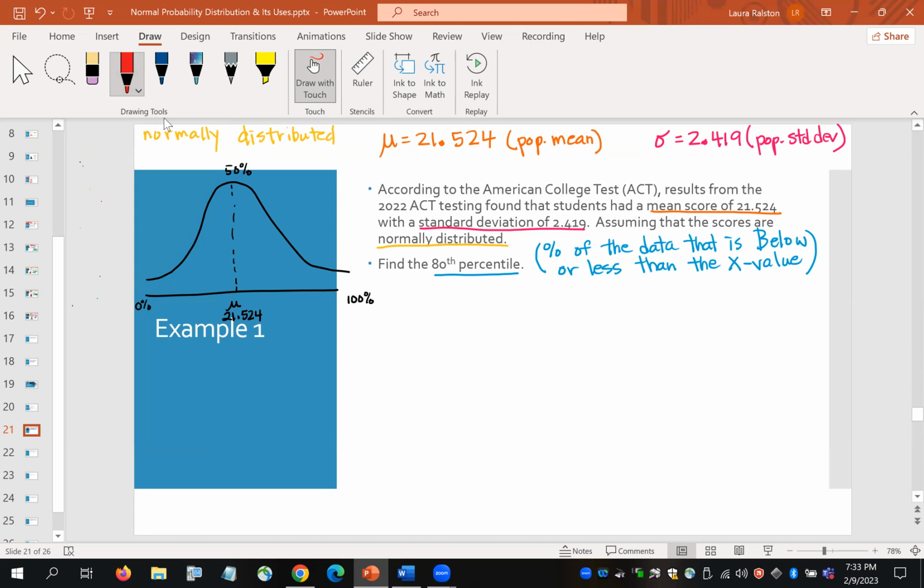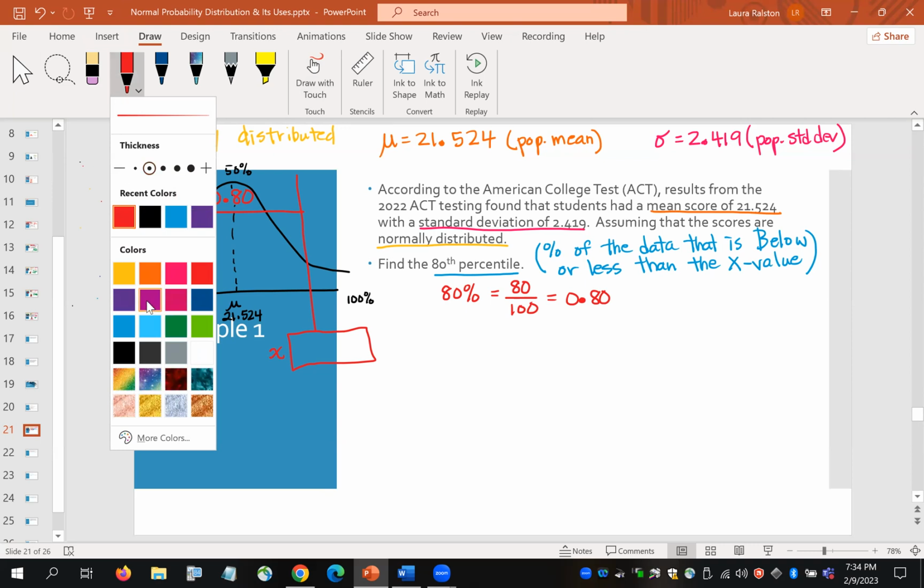If 50% is at the mean, 80% is going to be somewhere past the mean. I have 80% below that score, 80%, which is 0.80. If you don't remember how to go from a percentage to a decimal, it's 80 divided by 100. And I'm looking for the X value that corresponds to that.